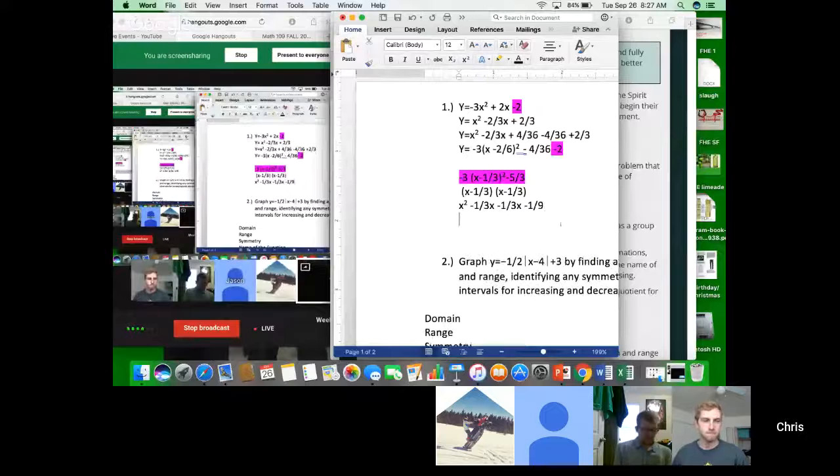And then that would be x squared minus 2. Well, that'd be 1/9 too. No, because you're adding them. Right. In this case, you're subtracting them, but yeah, it would just be minus 1/9.